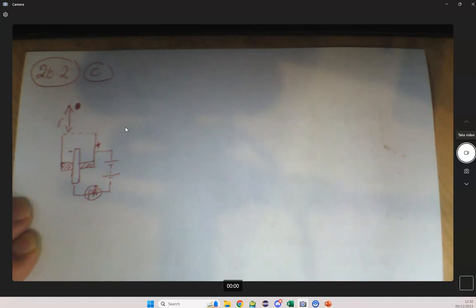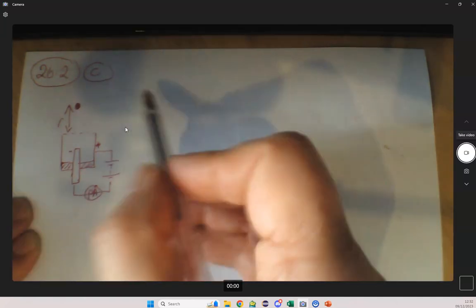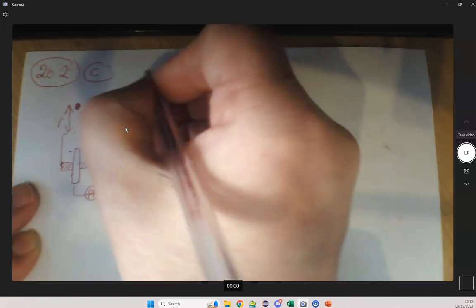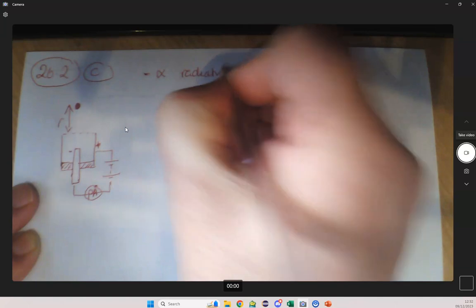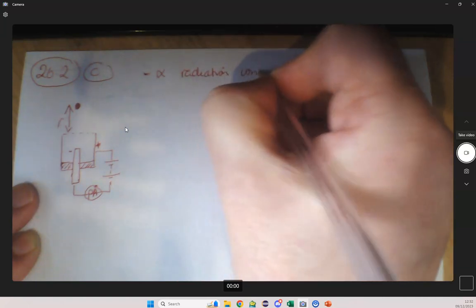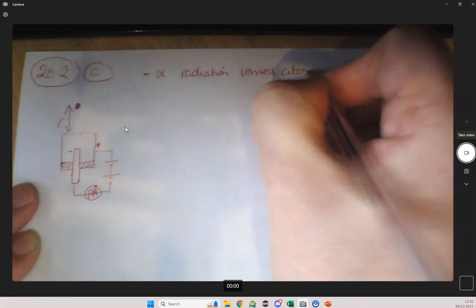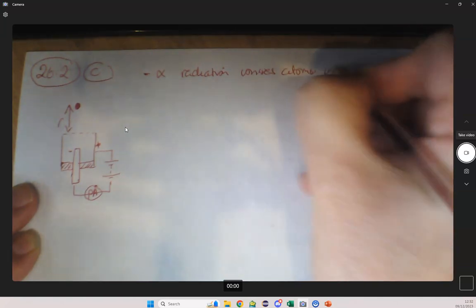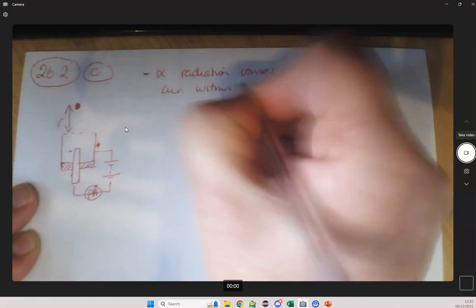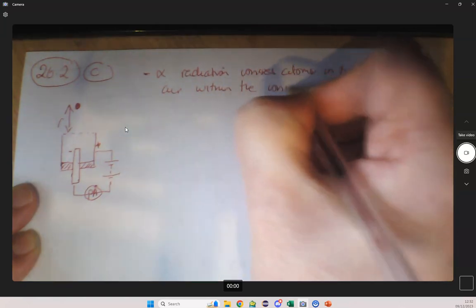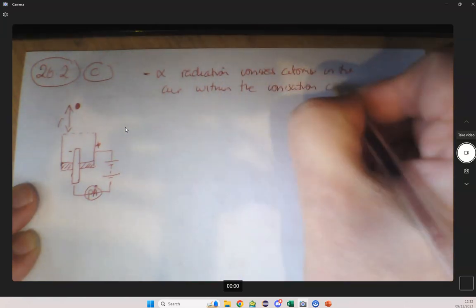So how does this work? We've got alpha radiation, and it'll ionize atoms in the air within the ionization chamber.